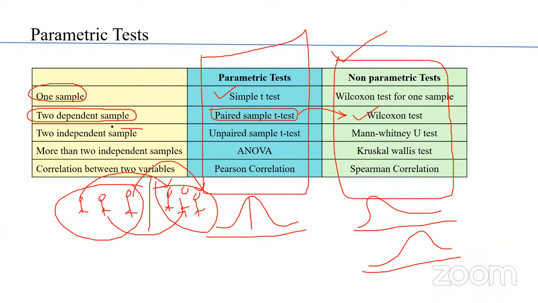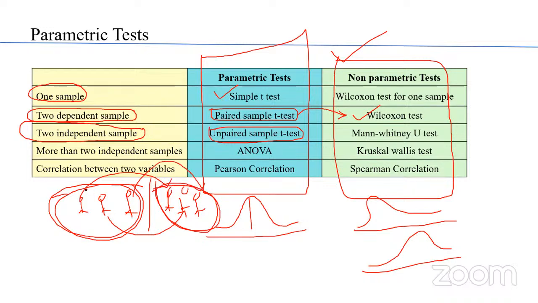And if you are talking about 2 independent samples, then we use something called the unpaired sample test. Okay, suppose these are the people who are living in the Jharkhand area, and these are the 3 people who are living in some kind of Mizoram area.